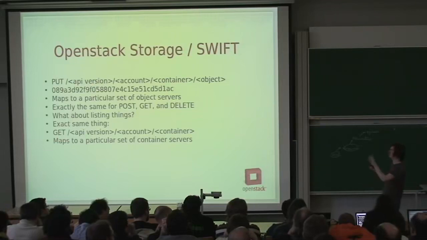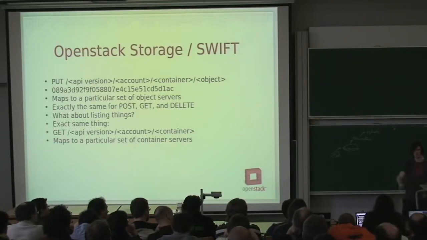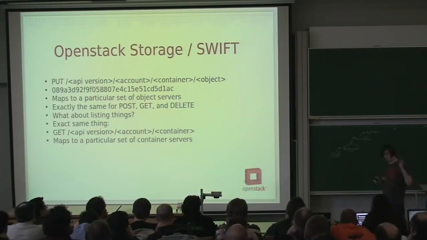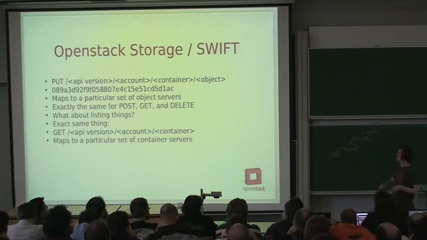So if you just want to run it as a test sort of thing, if you don't care about replicas, you just want a single copy, you just want to have the same sort of API, that's still kind of tricky. But setting it up in a production environment is very well documented and all that. So if you need anything like this, go for it. It should be very approachable.